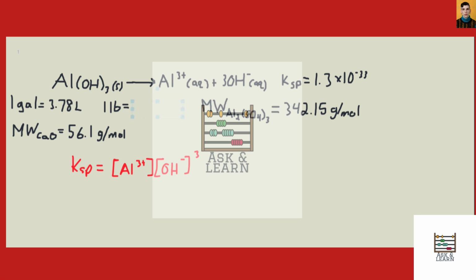My mistake. 1 pound is 453, or rounded off, 453.6 grams. So we have 5 pounds of aluminum sulfate. So 453.6 times 5, that's going to be 2,268 grams.